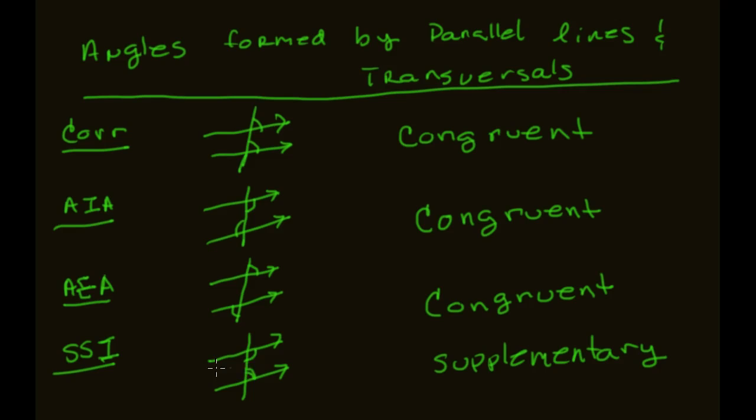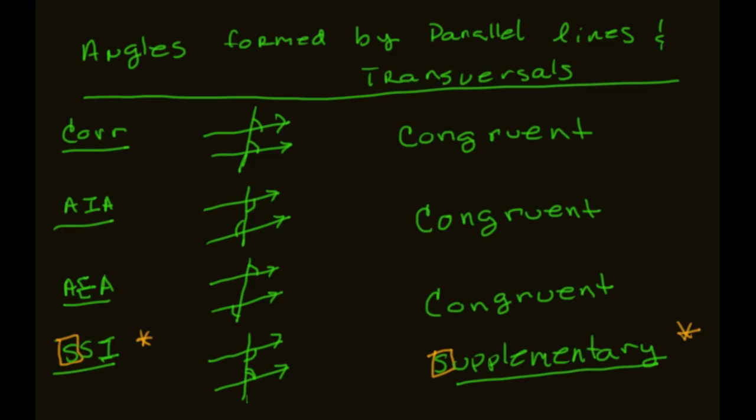And we have a same side interior angle theorem that says if the lines are parallel, then the same side interior angles are supplementary. Now this is easy to remember because same side interior starts with S, supplementary starts with S, it's the weird one. The one that starts with S is supplementary.